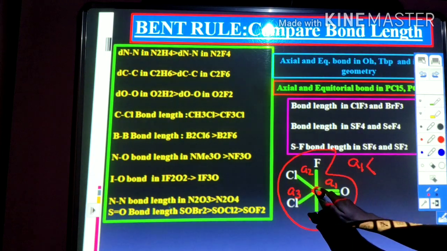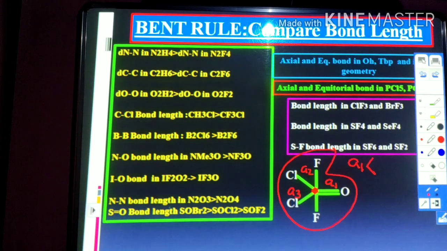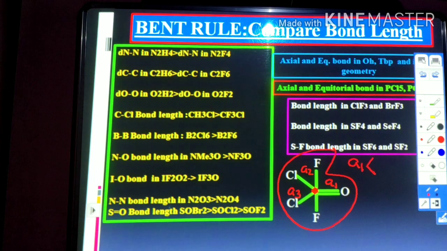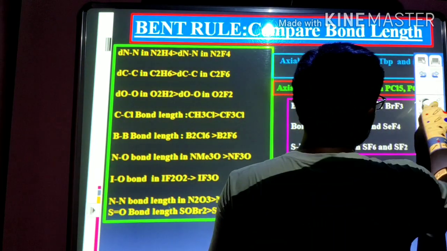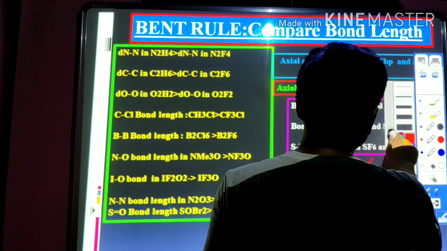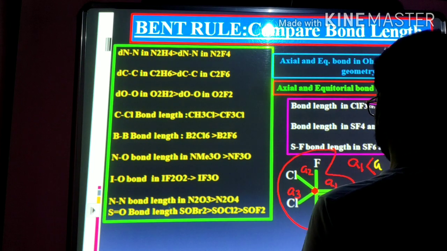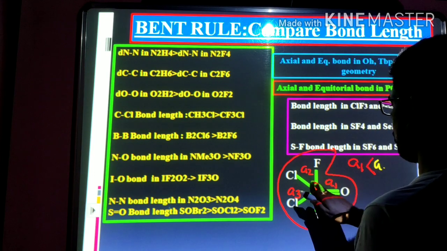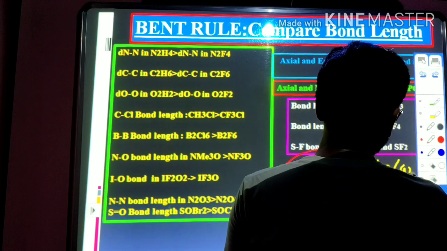Now, if you compare this S-Cl bond and this S-F bond, the size of chlorine is bigger, so the S-Cl bond will be longer. So A1 is the shortest, then A2, then A3.